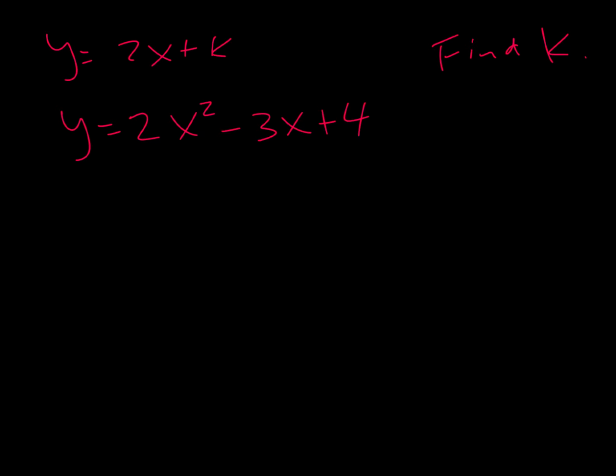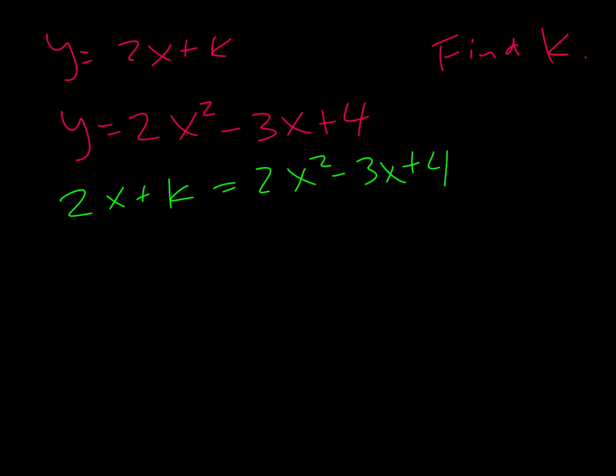Okay. Now, what we're going to do is we're just going to go through the process that we've been going through, and we're just going to set them equal to each other, because a tangent is a type of intersection, and so we're still going to follow this same pattern.